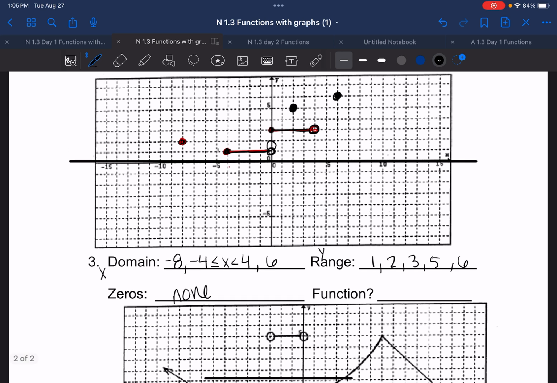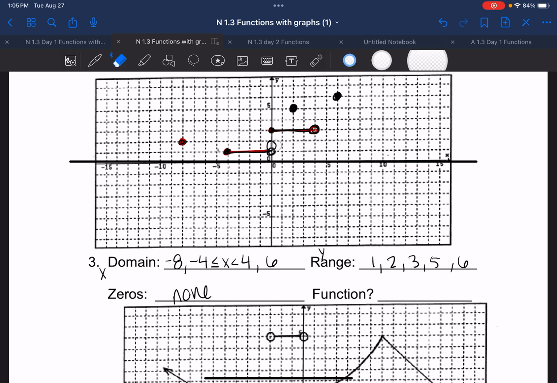Then the last question we ask is, is this a function? Remember, whether or not it's a function is based on if any x values repeat. So we have a close call right here on this line, but this point is open and this point is solid. So technically, those don't repeat because this open point is everything up until 0.